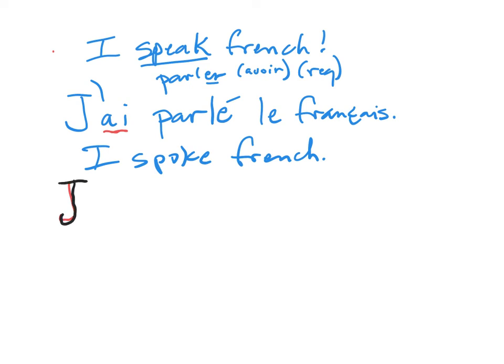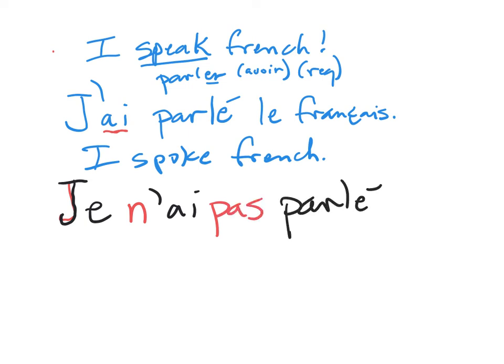Je, then ne, pas, and then parler. So as you can see, my ne pas goes around the first verb. We have 2 verbs in there. We're going to go around our helping verb.